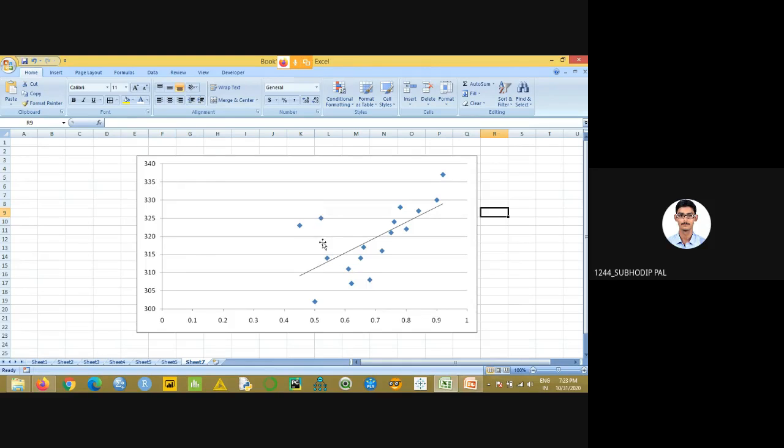So the distance will tell the residual. This will have positive residual, and suppose this point is below the line, so its distance to the line is negative, having negative residual.